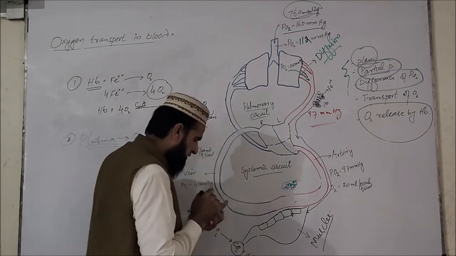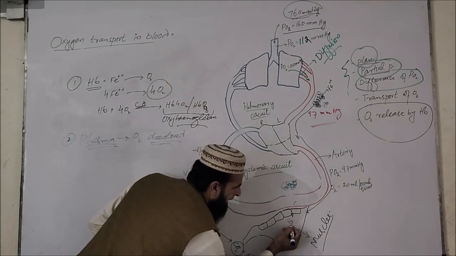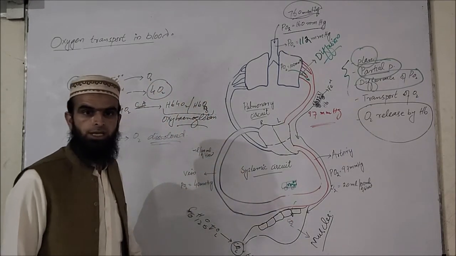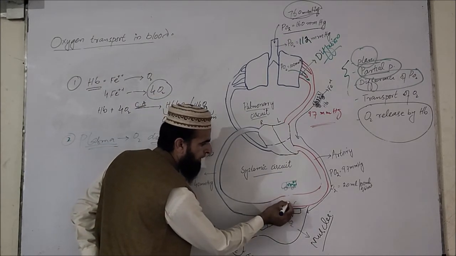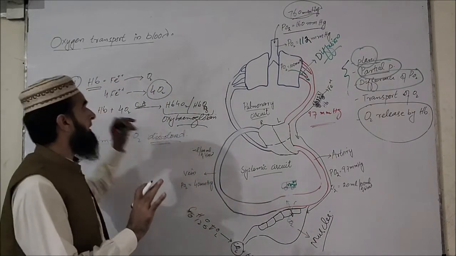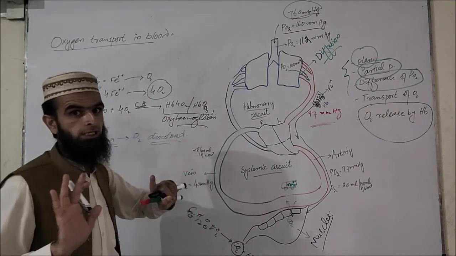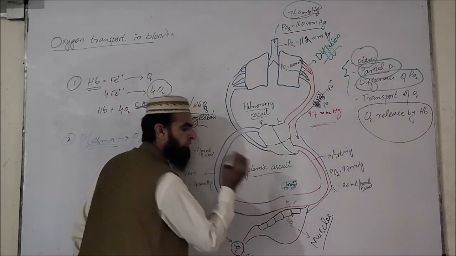This carbon dioxide, produced as a result of this process, is accumulated here. From this high concentration, the carbon dioxide will diffuse out into the blood. How this takes place, we will discuss later in the transport of carbon dioxide. But keep in mind that carbon dioxide has diffused into the blood.